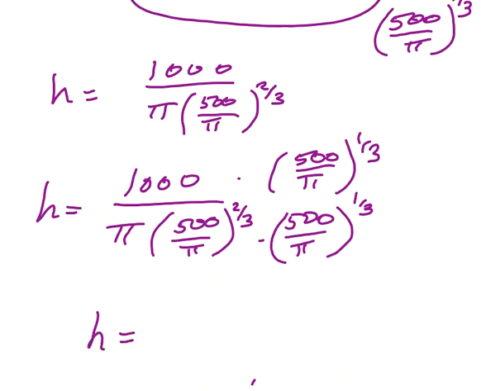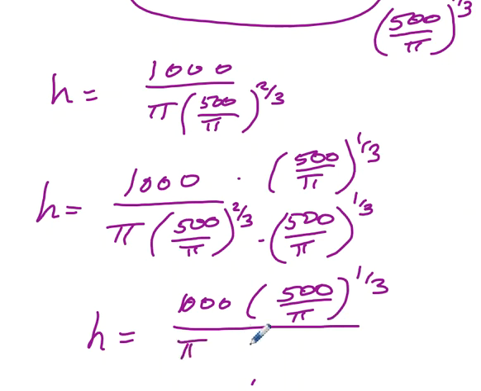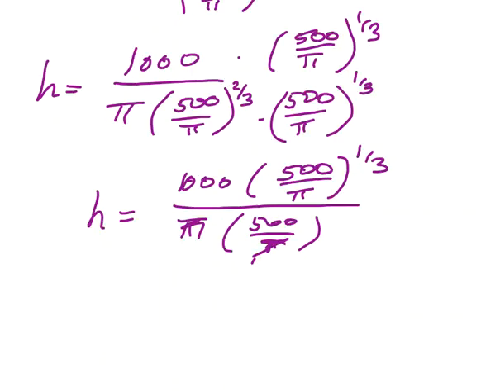So that ends up with 1,000 times this over pi times 500 over pi. Well, these pi's can cancel. And then 1,000 over 500, well, that's just 2 times 500 over pi to the 1/3.